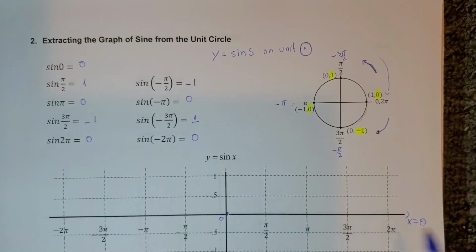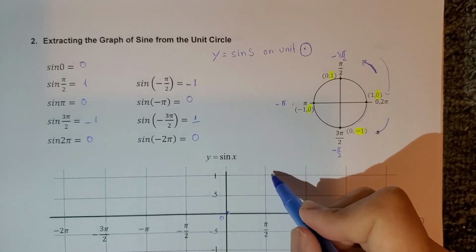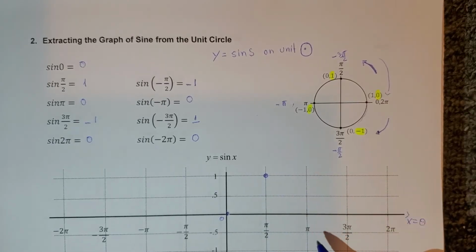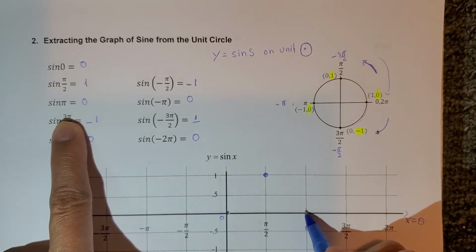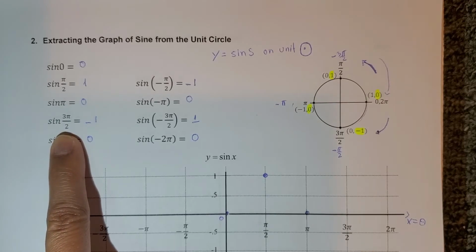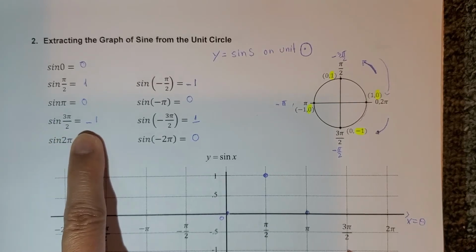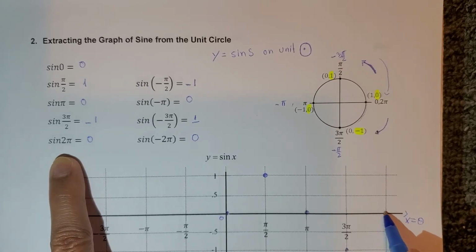At angle pi over 2, my y value is 1. At angle pi, my sine value is back to 0. At 3 pi over 2, the y value is -1. And at 2 pi, it is 0.